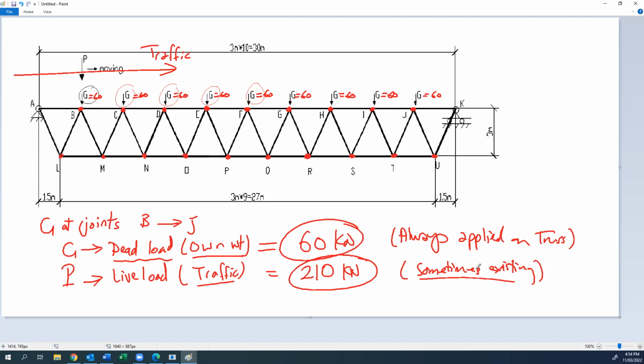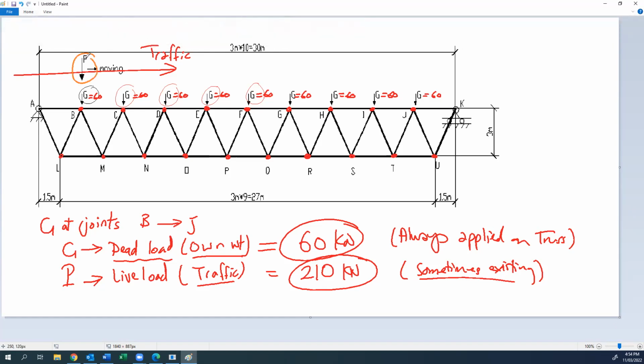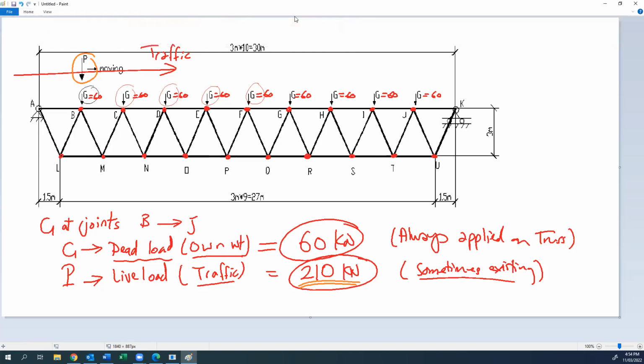So we have B moving, and the question doesn't give you where B is, only that B is 210. What we will do is each group will be assigned a position of B. B will be at joint B for group D1.